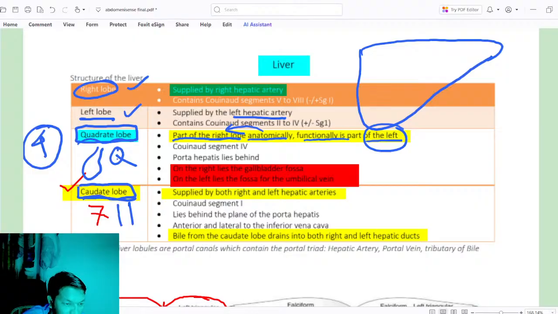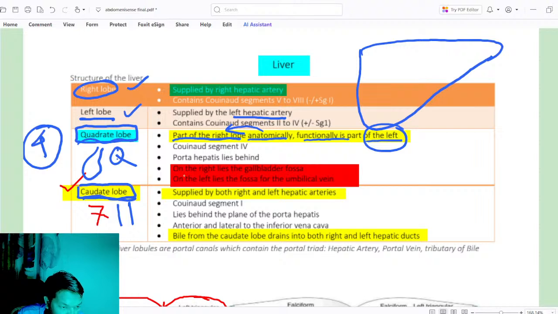Functionally, they divided the liver into segments 1, 2, 3, 4, 5, and there is no need to list them now. Just remember, anatomically it is the right lobe, functionally it is the left lobe.